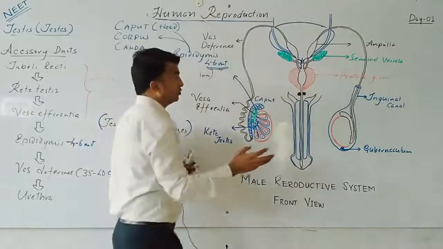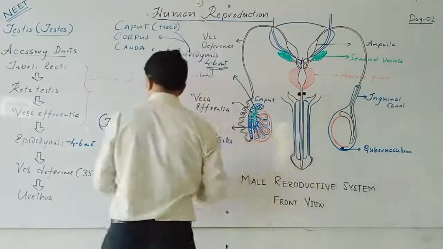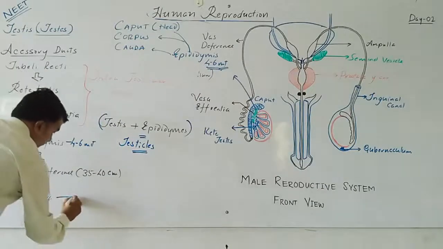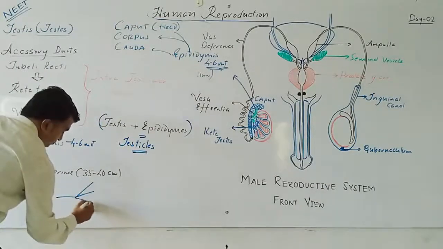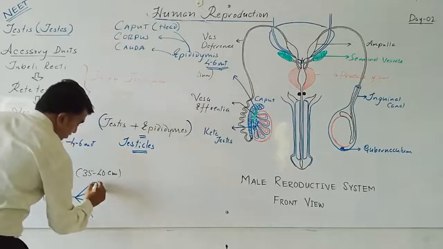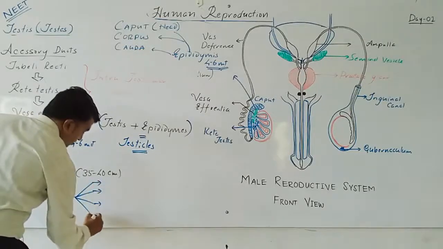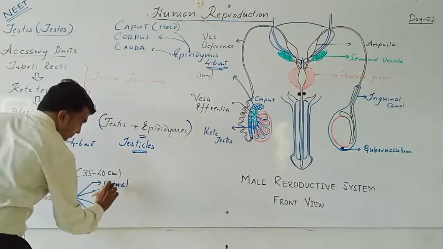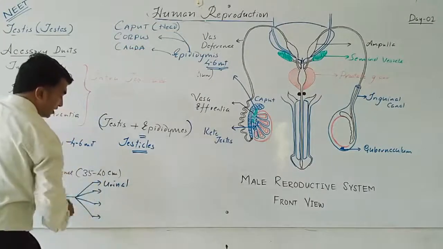Now the urethra is divided into four parts. First one is the urinary urethra, through which only urine passes.